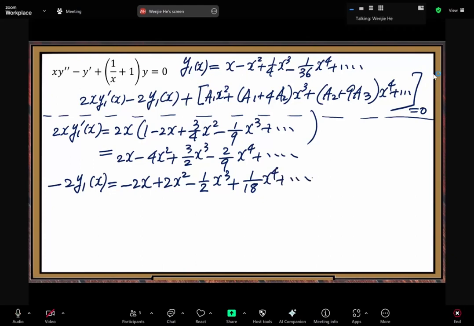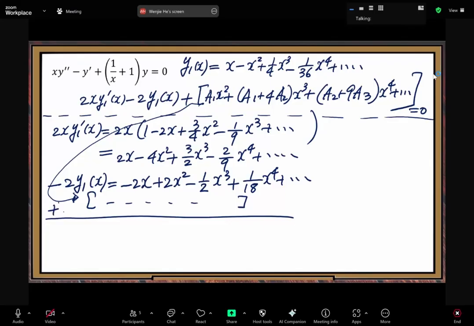Okay, so then also add up that big bracket part. So I do not copy that big bracket. Adding together, 2x and negative 2x cancel out. Then let's compare the square term: A1 minus 2 x squared.